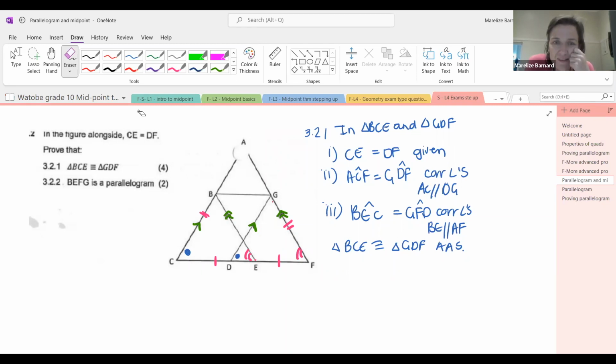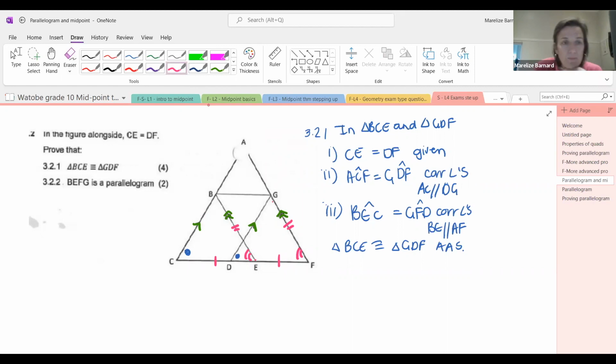Okay, Miss Nelly, let's prove this parallelogram. Anyone got any ideas? Pop it in the chat. BE is parallel to FG, opposite sides of a parallelogram are equal. Now, BE is parallel to FG because it's given. So we either need to prove BE equal to GF, or we need to prove, oh, and it is, by the way, because of the congruency.